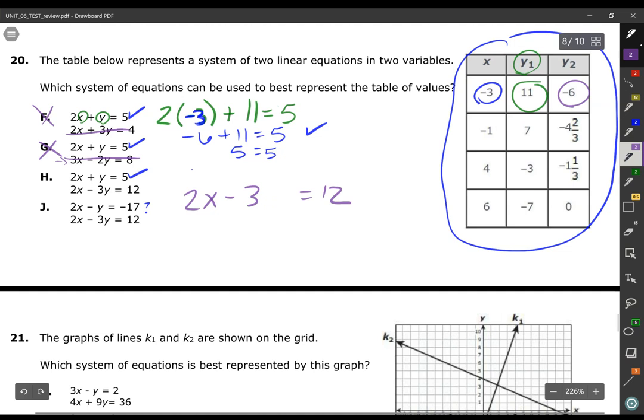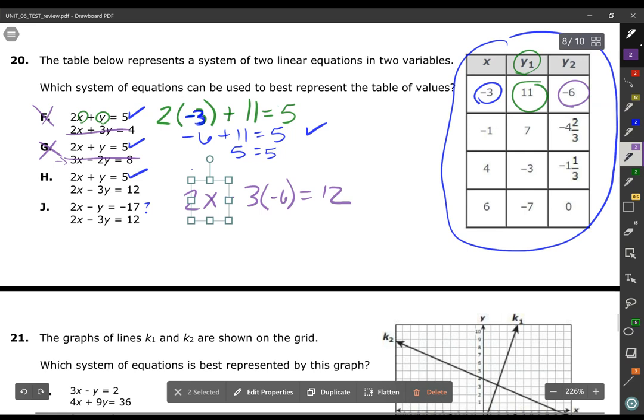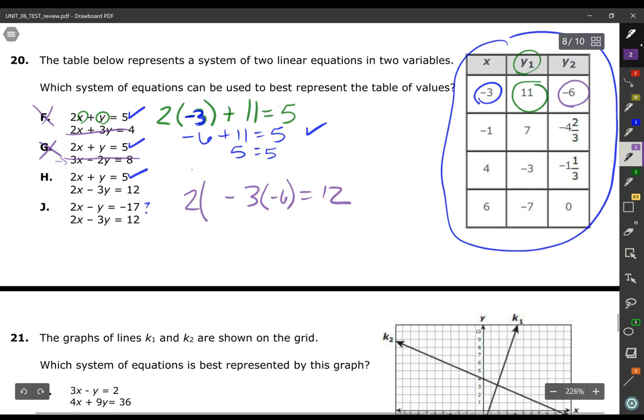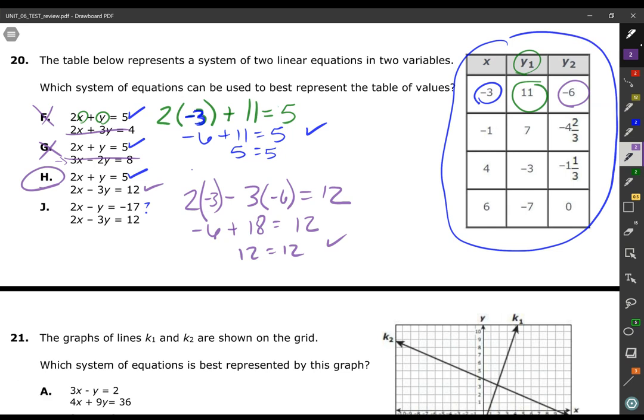I'm going to replace the y with the -6, and I'm going to replace the x with the -3, since I'm using that first one again there. So I've got -6 plus +18 equals 12. So -6 plus 18 is 12. So this one works. So we have our winner there.